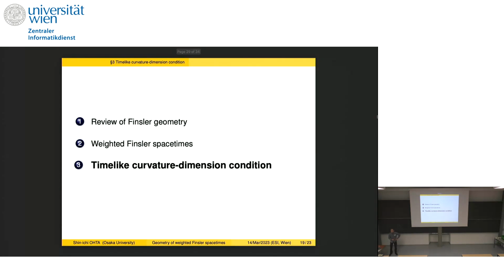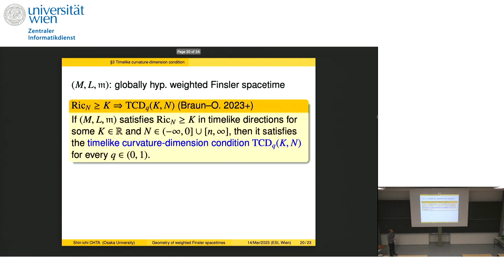Okay, then finally I will explain a bit about the timelike curvature dimension condition. I don't explain anything about the timelike curvature dimension condition, since you already studied it yesterday. I just say that in this context we can also show the timelike curvature dimension condition.